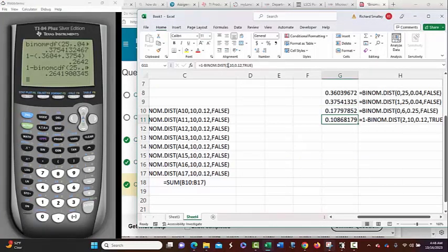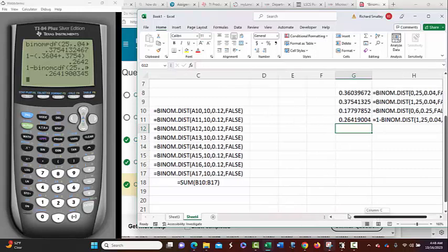So I can change that to a 1. Successes to 25. Probability to 0.04. There it is, 2642.